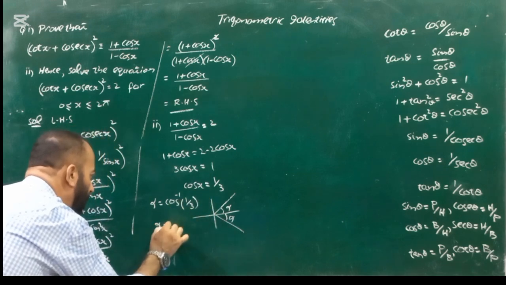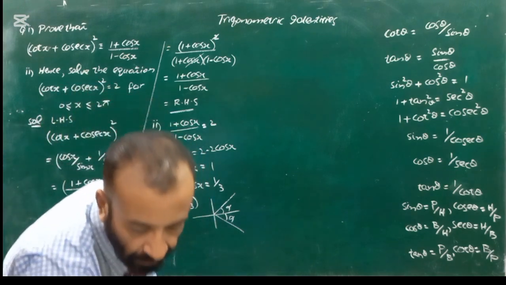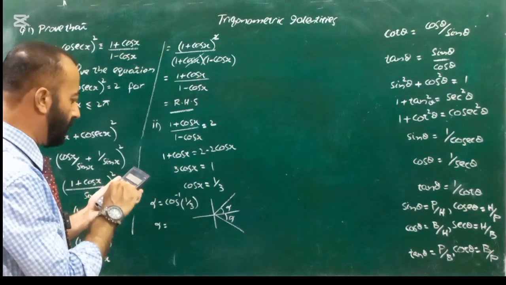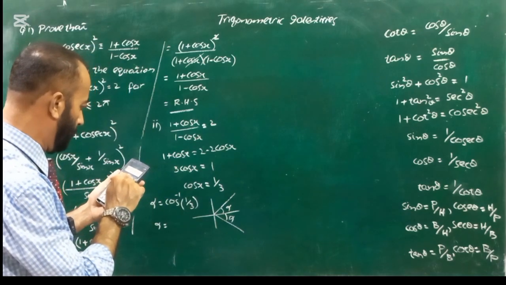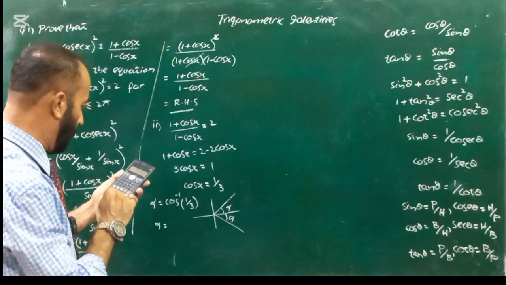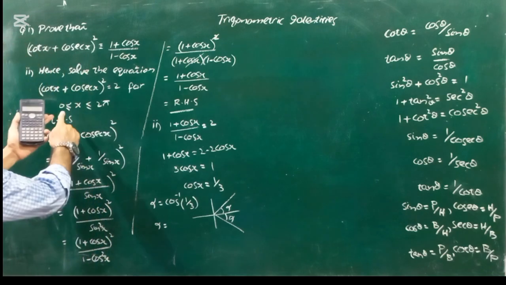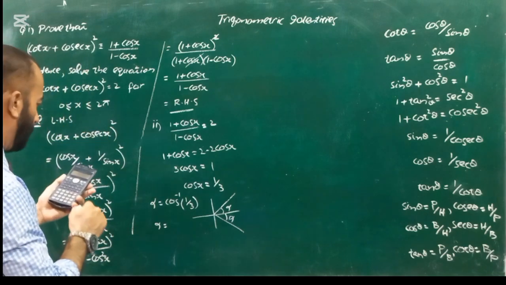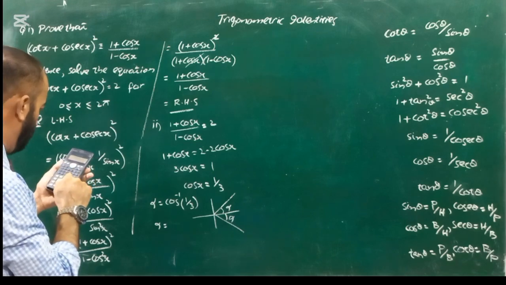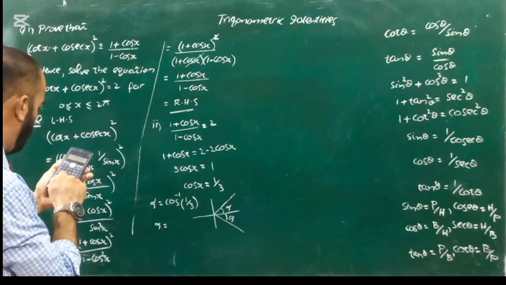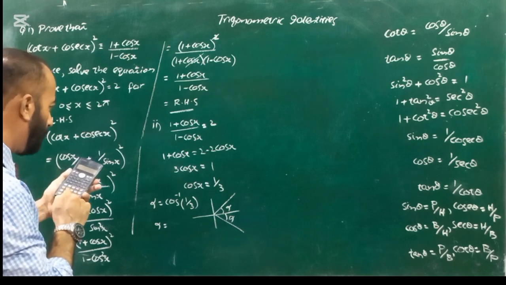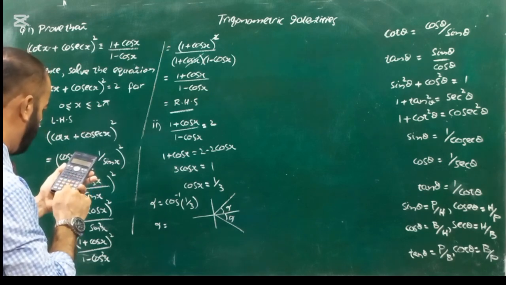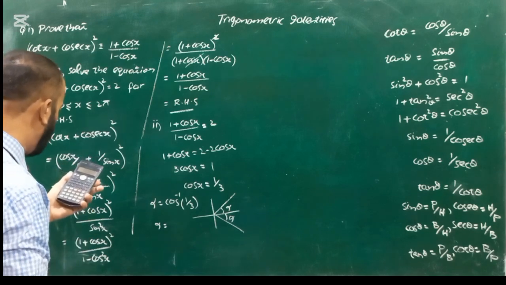So alpha will be equal to, first convert your calculator in radian mode now, because range is in radian mode. So cos inverse 1 by 3, answer is 1.23.